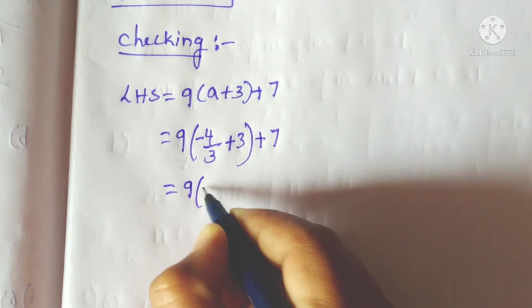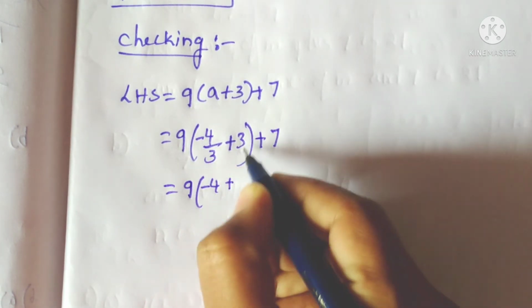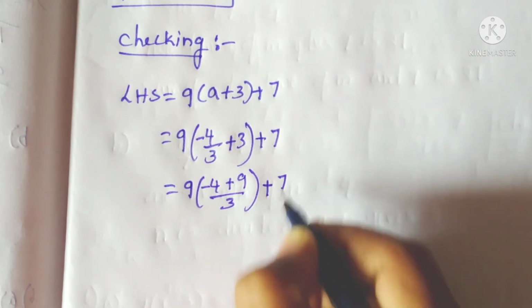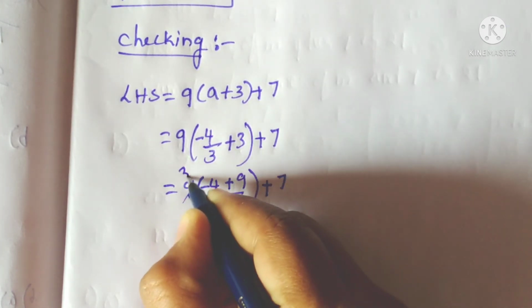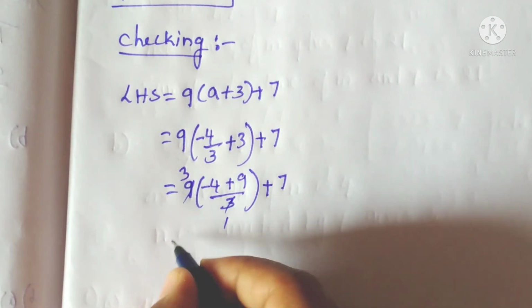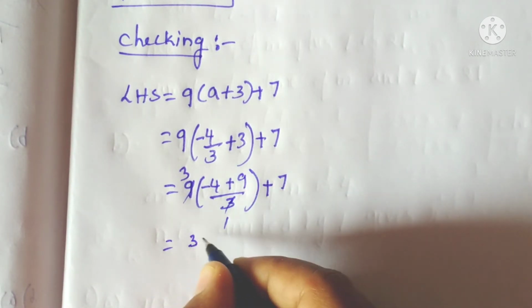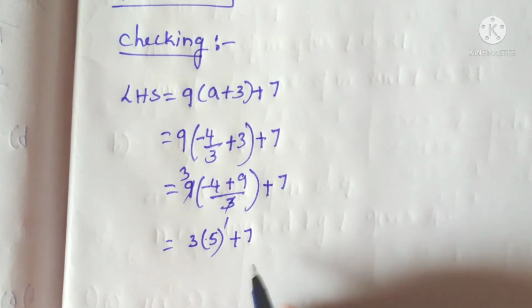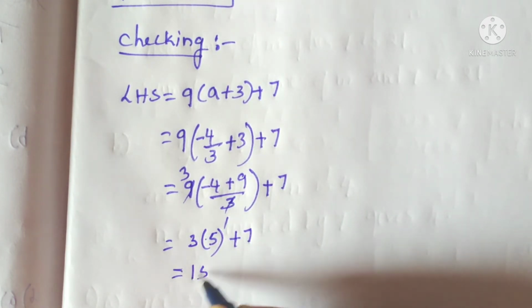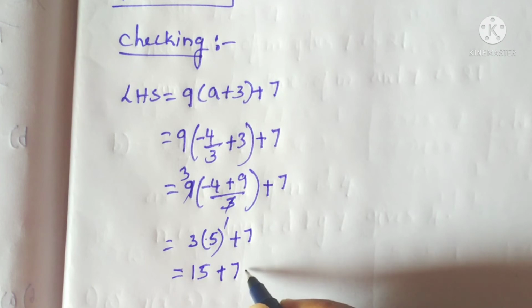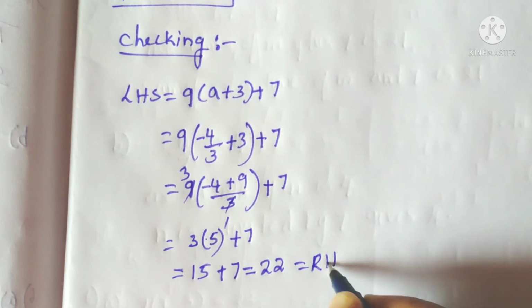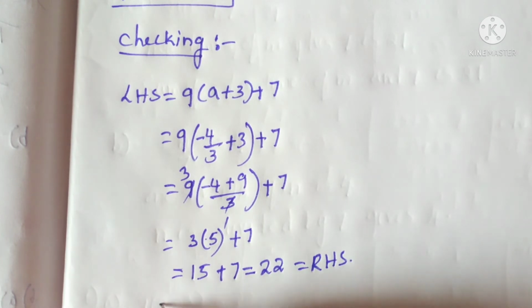So 9 into minus 4 plus 3 into 3, 9 by 3, plus 7. 3 into 3, 3 3s are 9. So 9 minus 4, 5. 3 into 5 plus 7. 3 5s are 15. 15 plus 7 equals 22. This is our RHS. So hence verified.